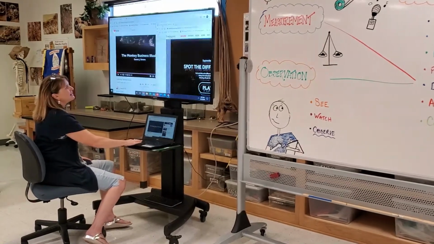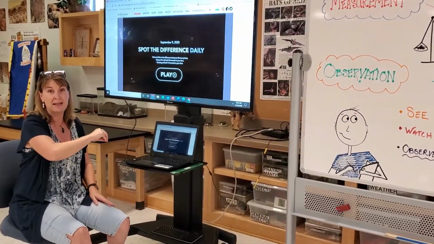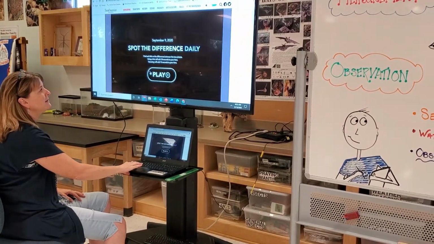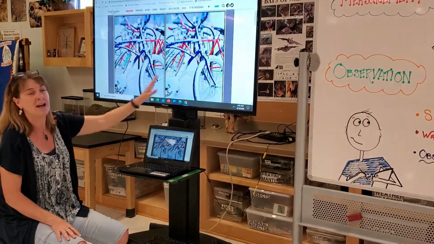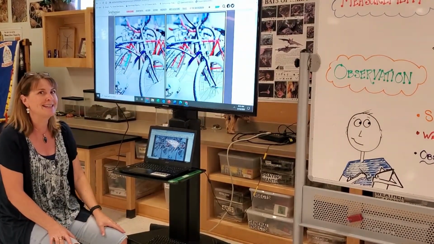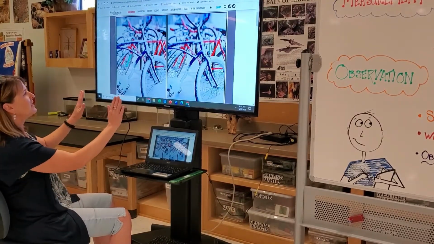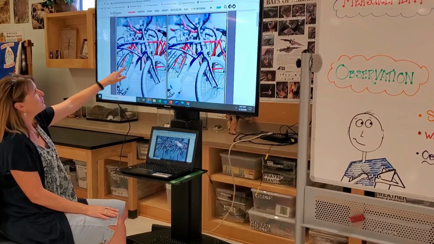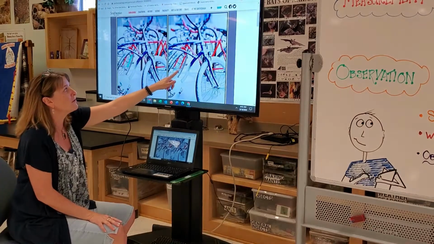You hit the play button. I'm going to add a link to this website after this video. And you hit the play button. And it gives you two photographs that are almost exactly alike. And on the photographs, you're looking for slight differences. Like I see a little bit of green here that is not on the fork of this spike over here.